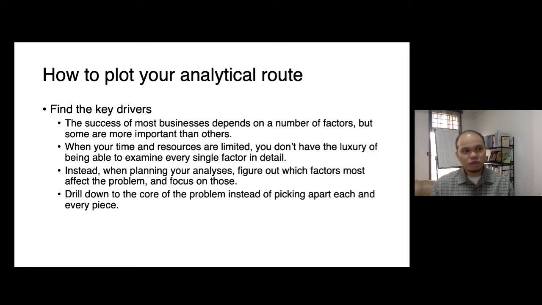You're probably more prudent in focusing on those 3 rather than trying to go through all of the 26. Drill down to the core of the problem instead of picking apart each and every piece. That's pretty much the idea here: key drivers.